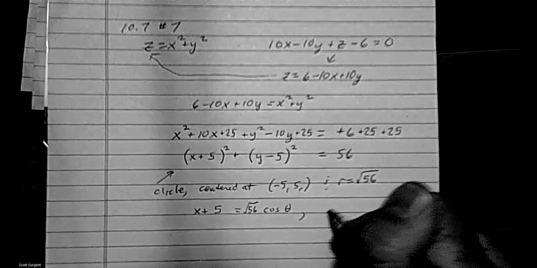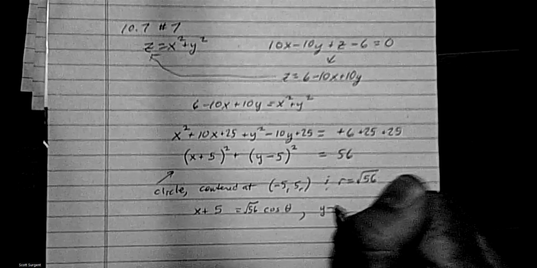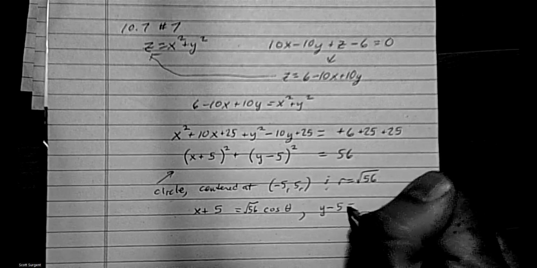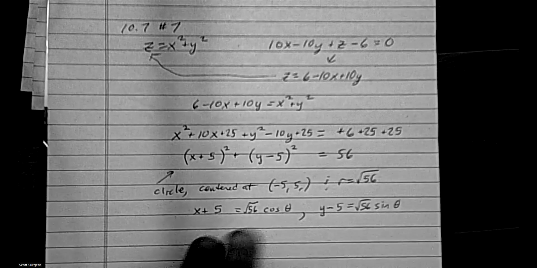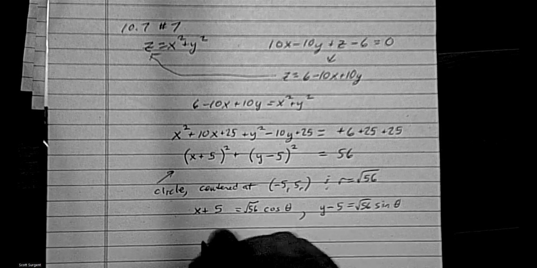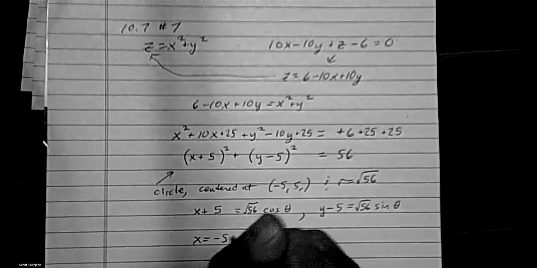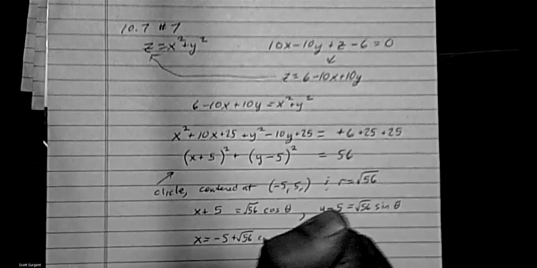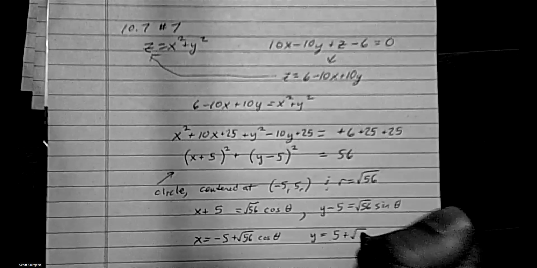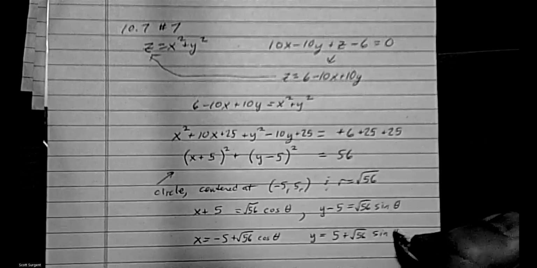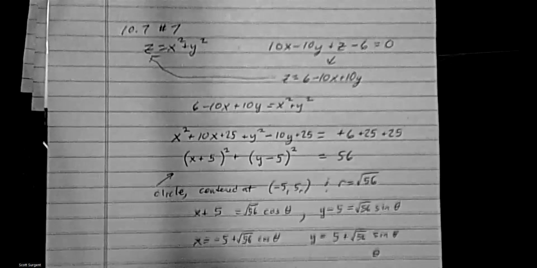And similarly, y minus 5 is going to equal root 56 sine theta. Then you just move the 5's over and you get x equals -5 plus root 56 cos theta, y equals 5 plus root 56 sine theta. And of course, theta will be between 0 and 2 pi.